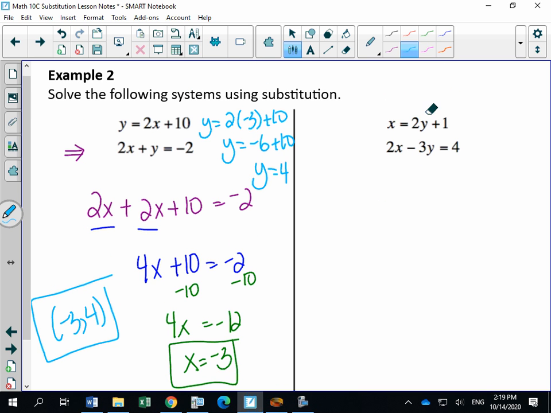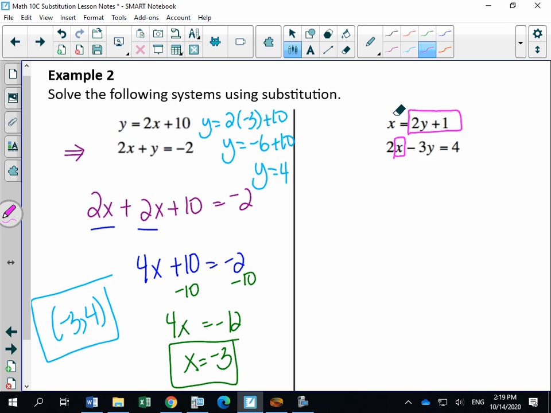Okay, if you were looking at this system here, ask yourself, one of them is already nicely solved for me, right? So which system would you box in? And I would look at this guy and I would say they've solved x for me. X is equal to this. So I'm going to box that in. And you always go from one system into the other system.